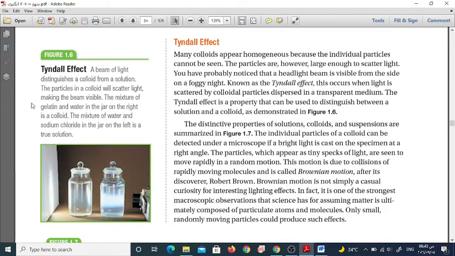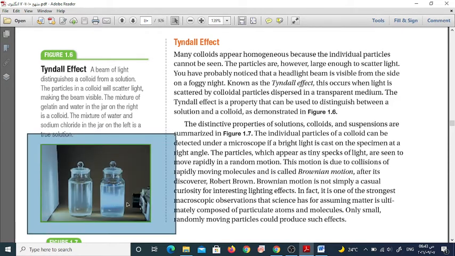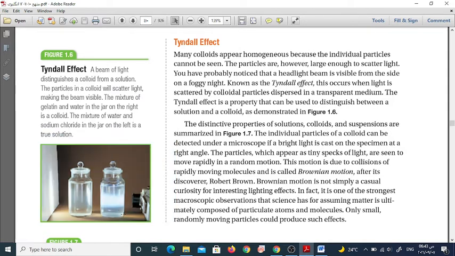Here we have the Tyndall effect. The Tyndall effect is a phenomenon with which you can differentiate between a colloid and a solution. The colloid scatters the incident light, as in this picture. So you will see the light path in the colloid, like in this glass.